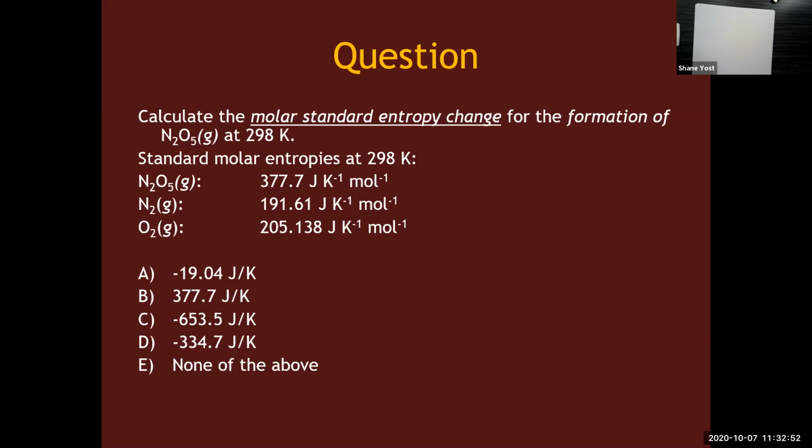All right, anyone have any? Some E's here. E is correct, none of the above. Some people potentially could have gotten C, minus 653.5 joules per Kelvin. The reason why that is not correct is that this problem talks about the formation reaction of N2O5.